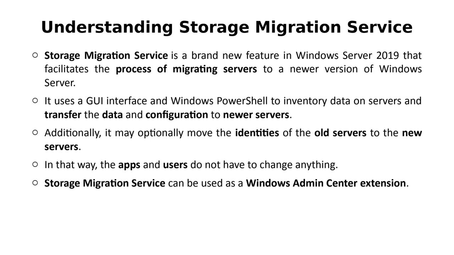What is migration? If I have an old Windows Server and I want to upgrade or migrate to another server that has Windows Server 2019 without losing anything, without losing my users, my backups, my configurations, Windows Server 2019 will provide you with excellent features to do that.